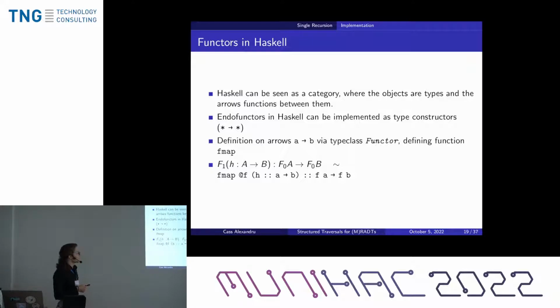So we said that F on arrows, here I'm introducing the 1 and 0 for the definition on arrows versus the definition on objects again, should have the type F0 of A to F0 of B. And if we do visible type applications in Haskell, we see that fmap at the type constructor F of a function h from A to B has the type F of A to F of B. So this is how we represent the definition of the functor on arrows in Haskell.